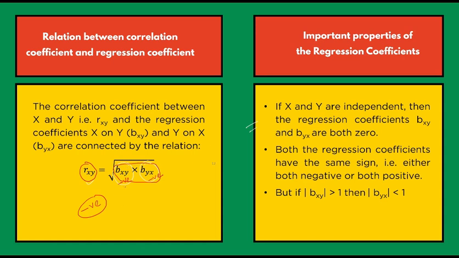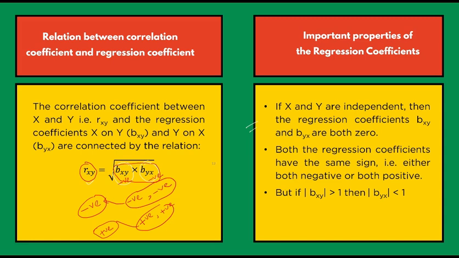So how will we find a negative correlation if the product of the regression coefficients is always positive? The logic is like this. If bxy is negative, then byx is negative, and though mathematically we get a positive correlation coefficient, after getting it we put a negative sign over it, because the regression coefficients were originally negative. However, if both regression coefficients are positive, then correlation will be positive; the case of one positive and another negative does not arise.